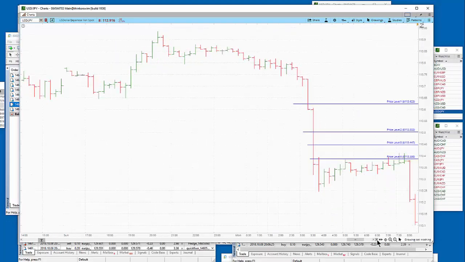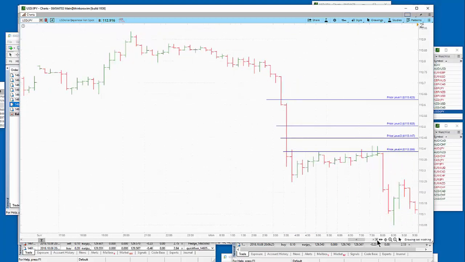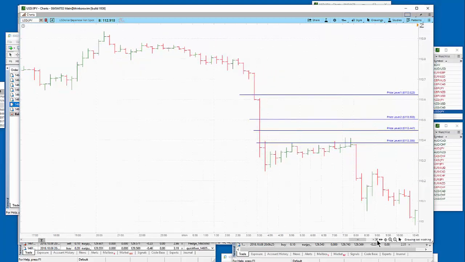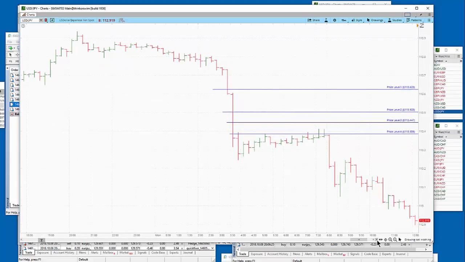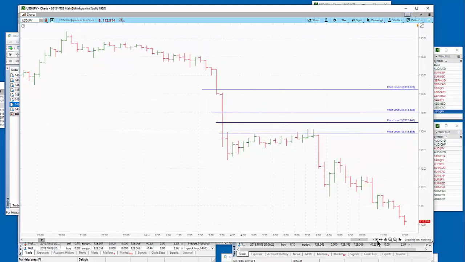So we're going to scroll forward a little bit and take off some of that earlier time, because what we want to see is the high of the day, where the trades went in, and where we are now. Okay, so these are the 3 important points that we have right now.